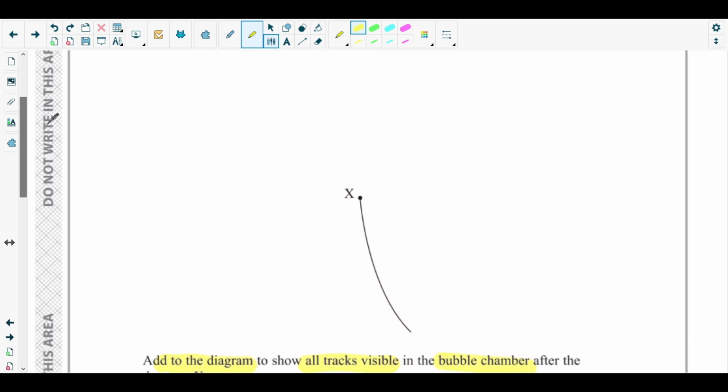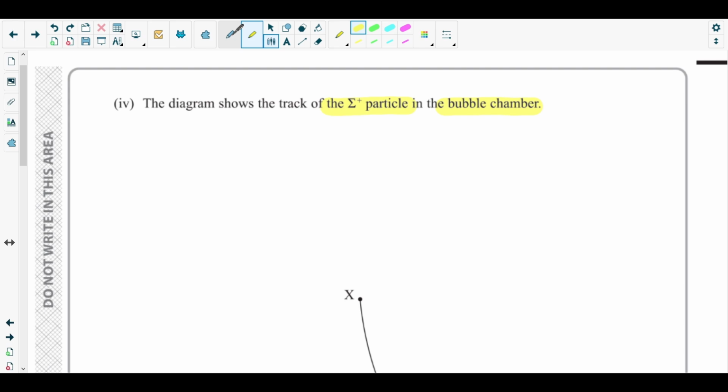So at first consider the equation. The equation was, let me write it down here, omega plus decaying into a pion plus and a neutron. So we need to show the direction for pion plus and neutron. At first consider the neutron.